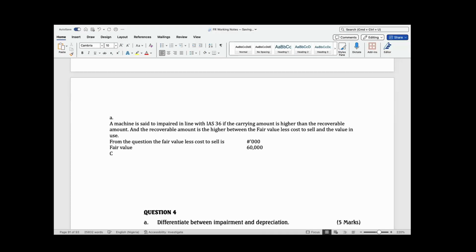The cost to sell is 5% times 60, which is 3,000.